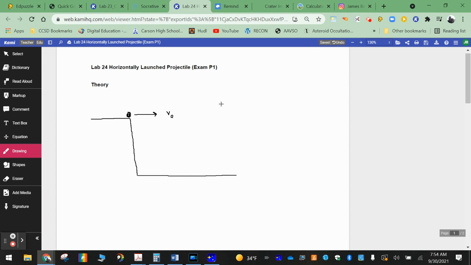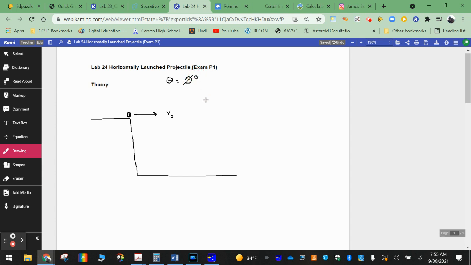Now, when it's launched horizontally, what is the initial angle theta? Anybody in class? Zero, yes. It is 0 degrees.